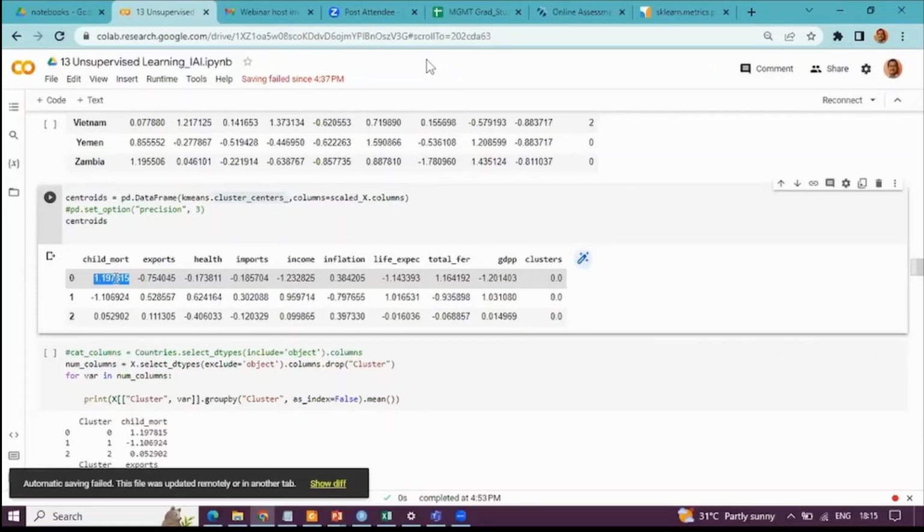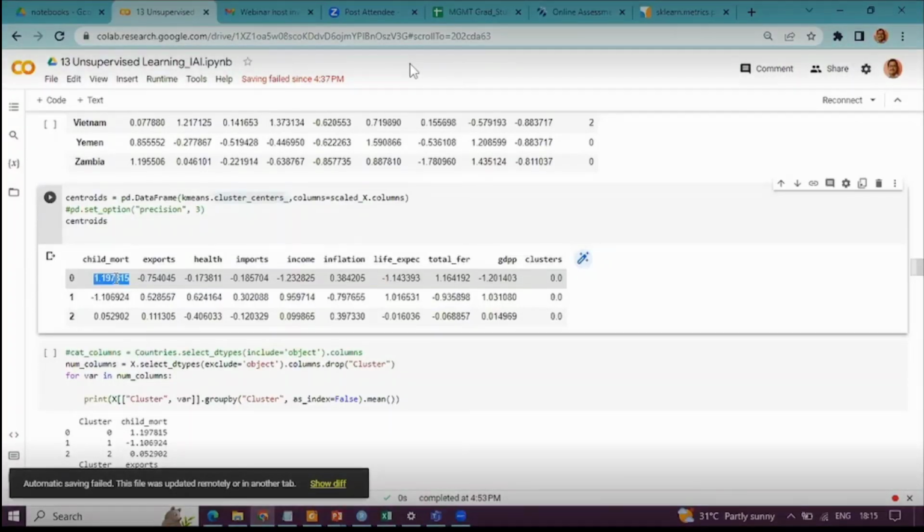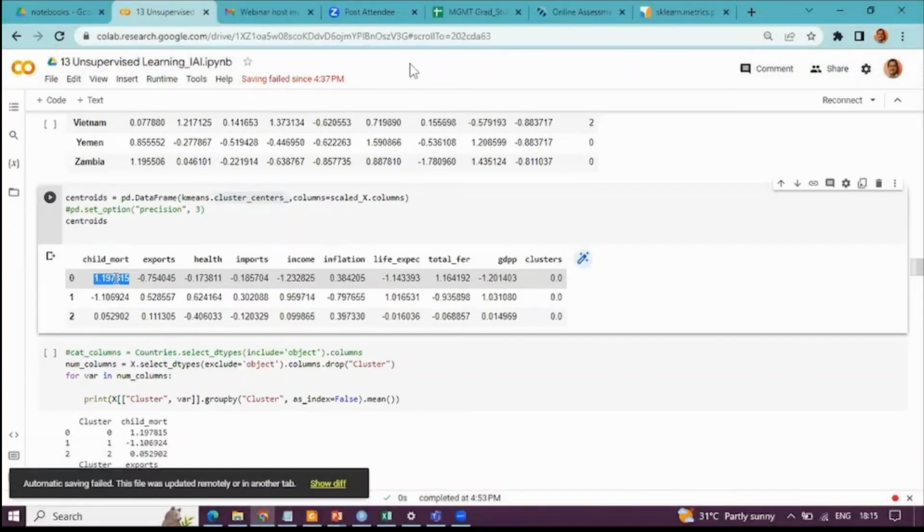So in a way, I could see that the child mortality is very high in cluster 0 countries. And you could see that the 3 clusters are well differentiated. Probably this is more than 1, this is less than -1, and this is somewhere around 0. So possibly these are somewhere in the middle.